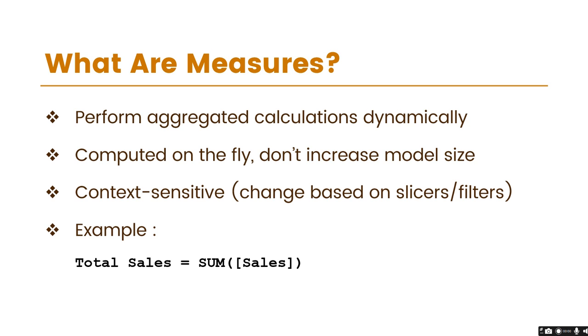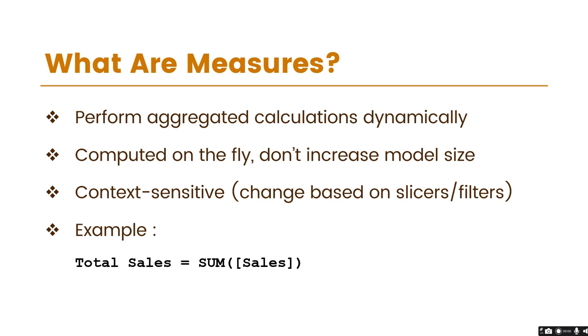For instance, if you want to calculate total sales across regions, you create a measure using a sum function. Measures do not add to your model size, making them efficient and powerful. So your file size is not increased.